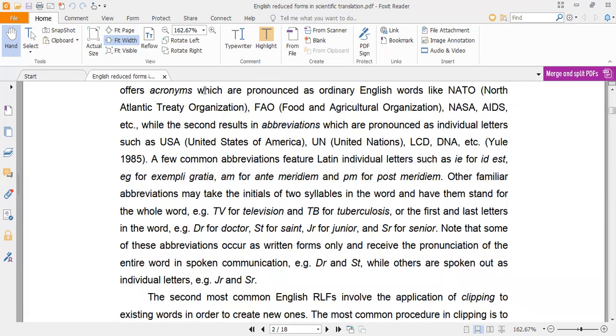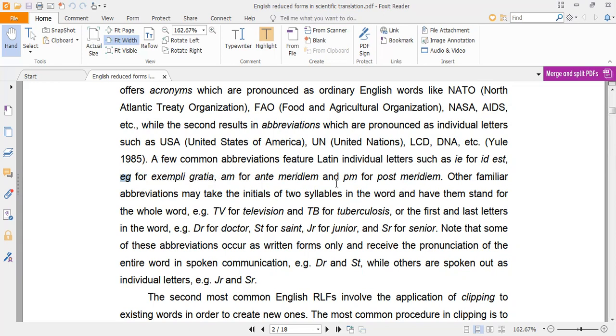Okay, also a common feature about abbreviations is that some abbreviations are of Latin origin, and they are widely used in English. For example, look at e.g. It means for example, and it is taken from the Latin exempli gratia.